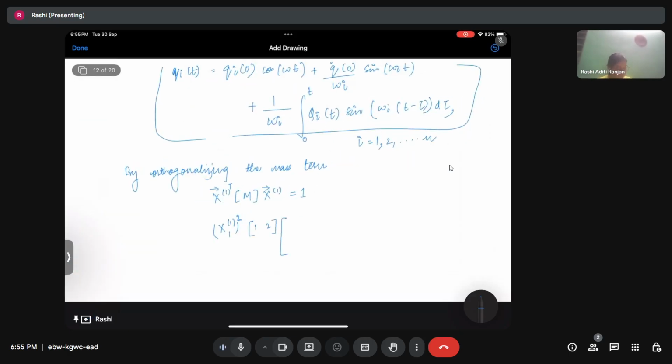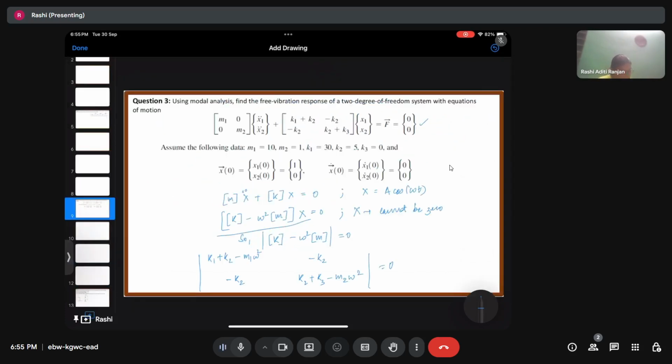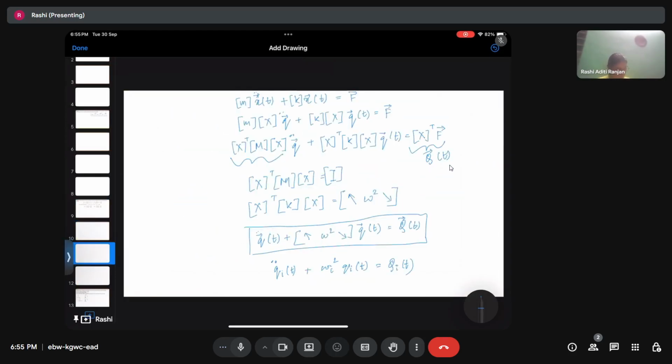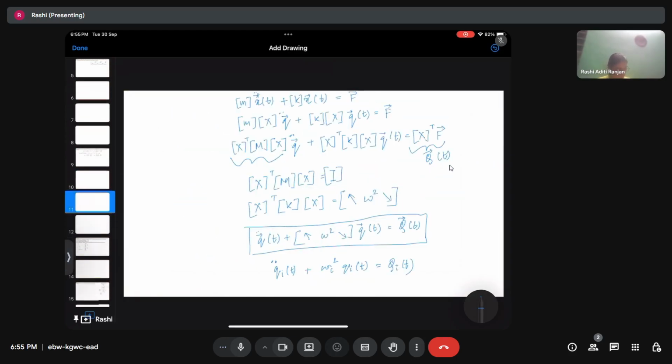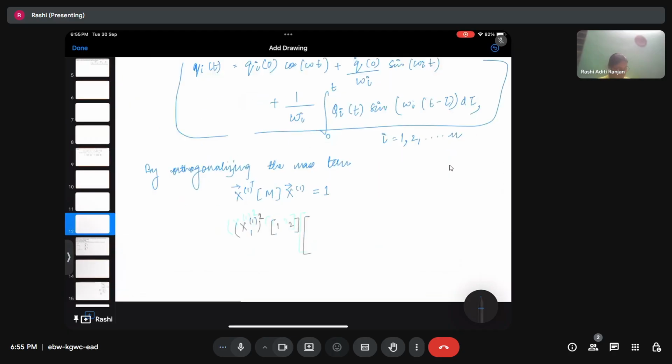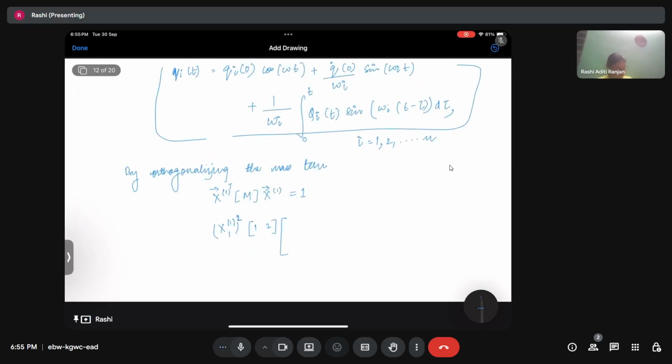Then the mass matrix, which is 10, 0, 0, 1, times 1 and 2 is going to be equal to 1.